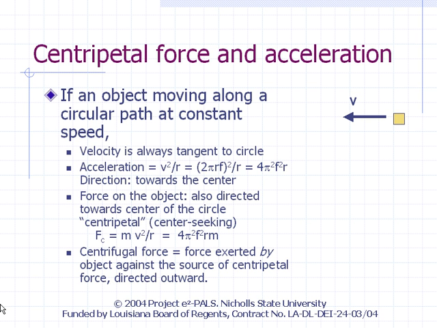Suppose you want the object to follow a circular path instead. What would you have to do? You will try to push or pull so that it would veer downward instead of going straight to the left. You will need to exert a net downward force on it.